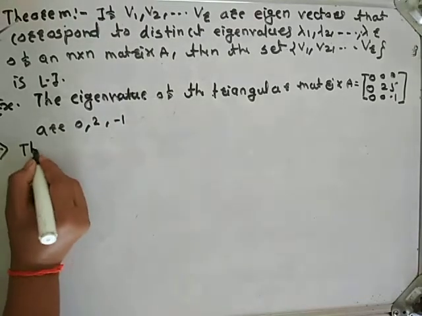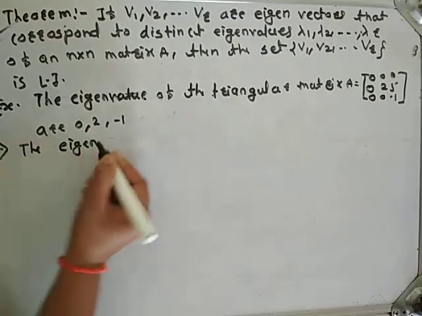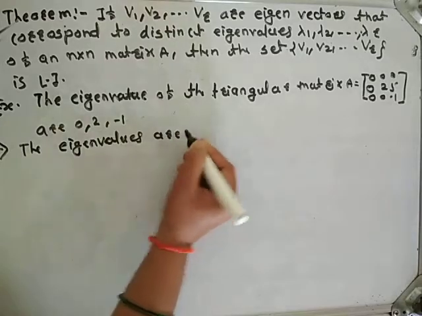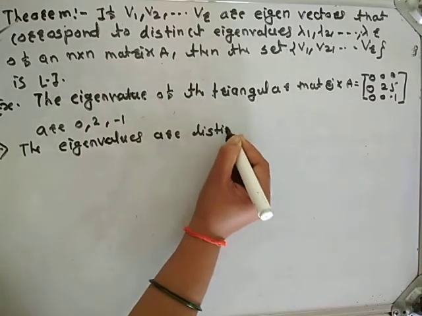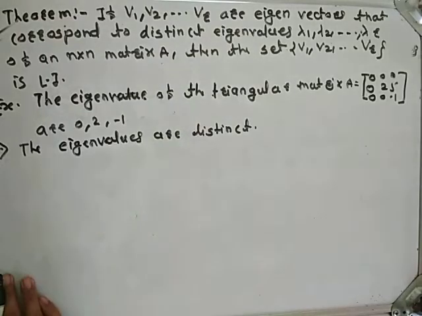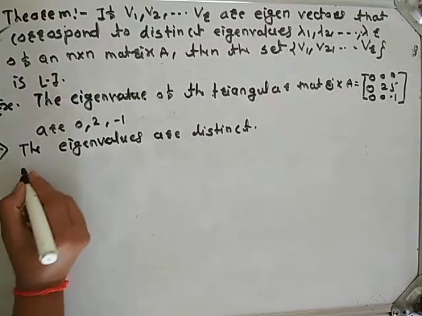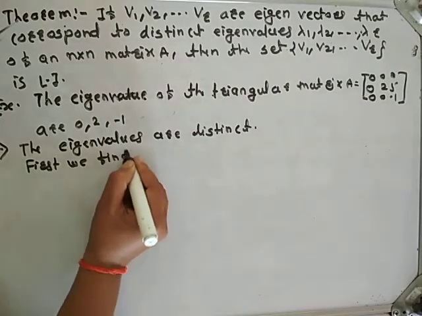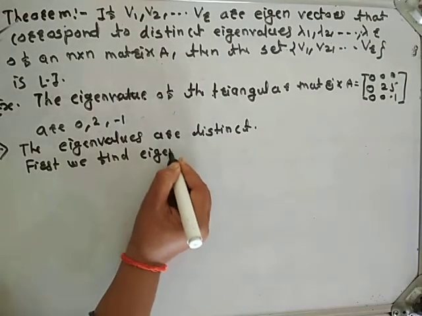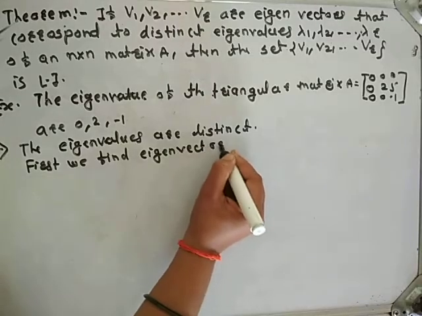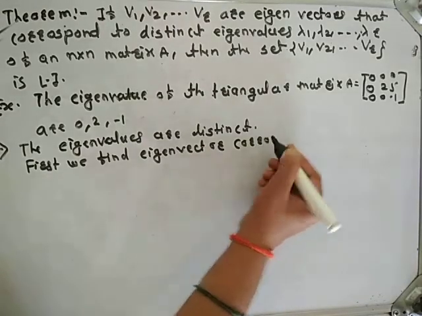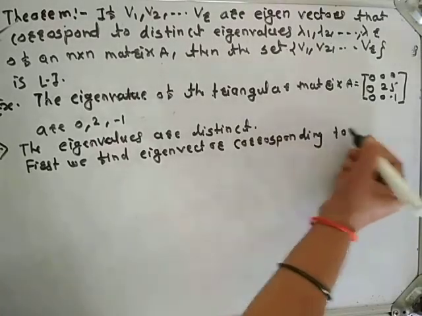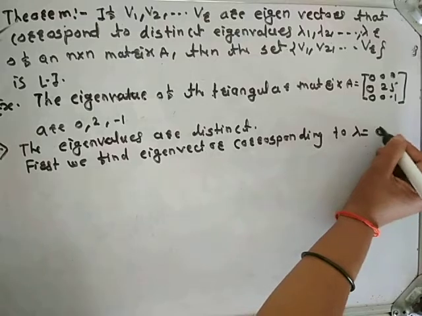Solution: the eigenvalues are distinct. First we find the eigenvector corresponding to lambda equal to 0.